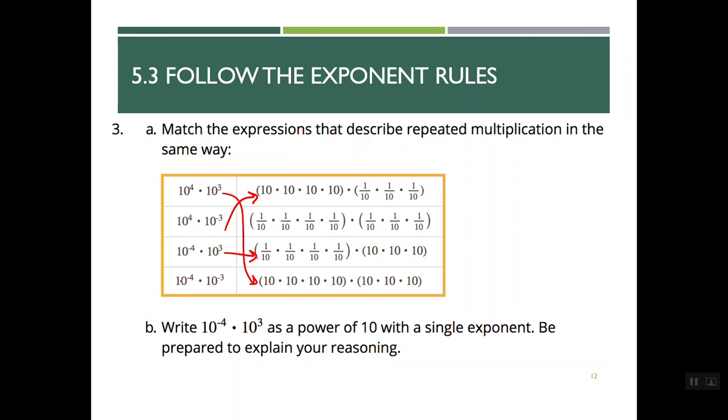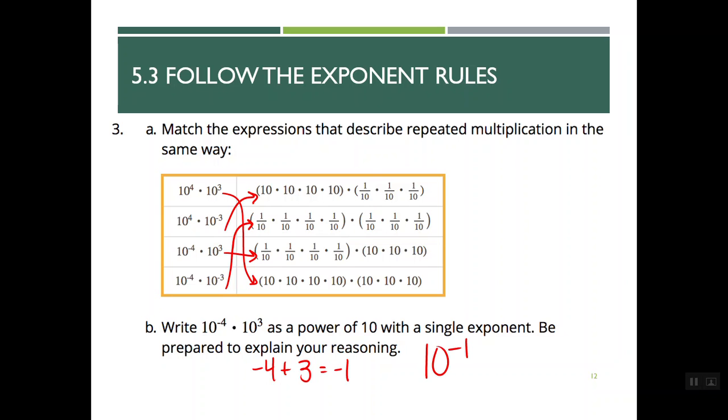And then finally 4 1/10ths and 3 1/10ths here. So now we're looking at multiplication. Does our old rule still apply of adding exponents? If we write 10 to the negative fourth times 10 to the third as a power of 10 with a single exponent, we add negative 4 plus 3, which is negative 1, so we get 10 to the negative first.